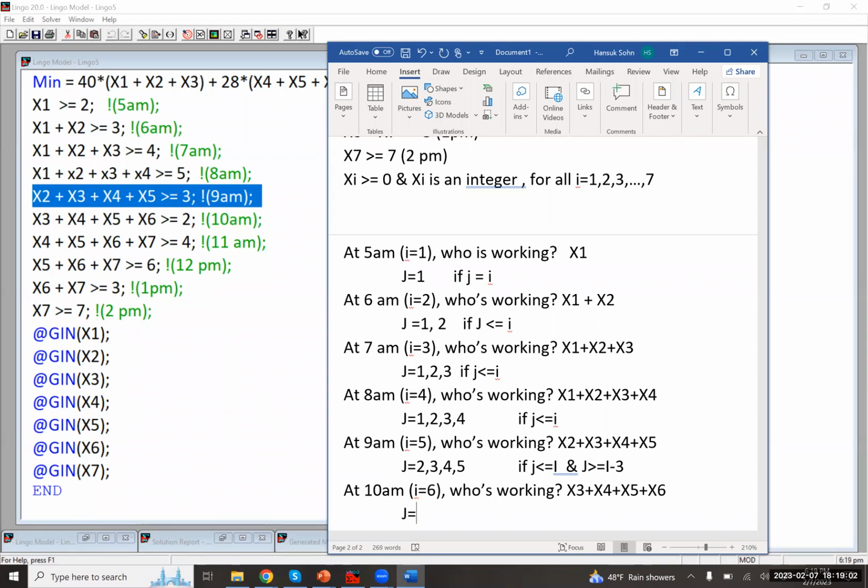Yeah, in that case, 3, 4, 5, 6, right? And these two conditions are still valid.